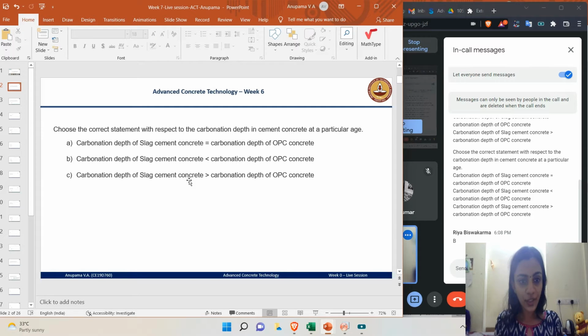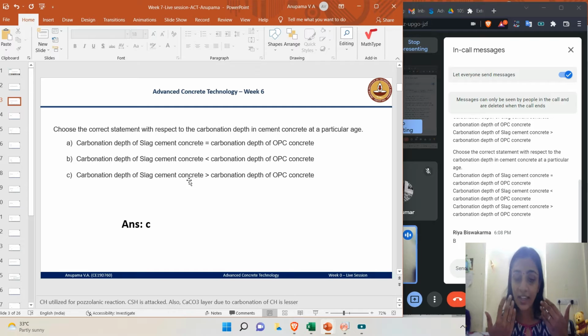Okay, so moving on to the answer. The correct answer is C, because at a particular age, the slag cement concrete would have utilized more calcium hydroxide of the system for the pozzolanic reaction.